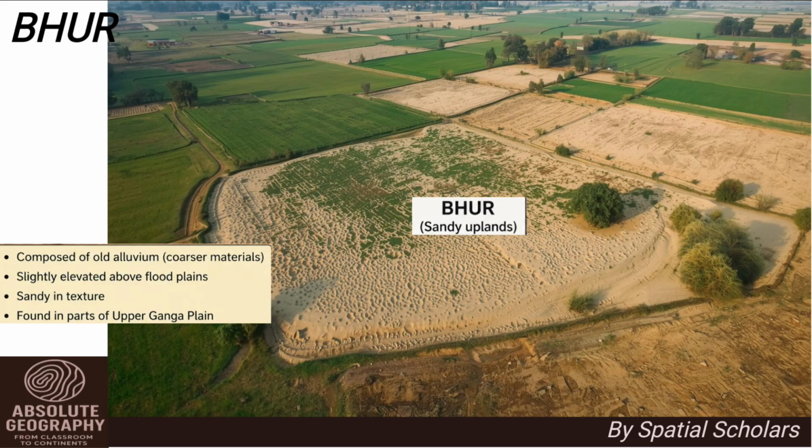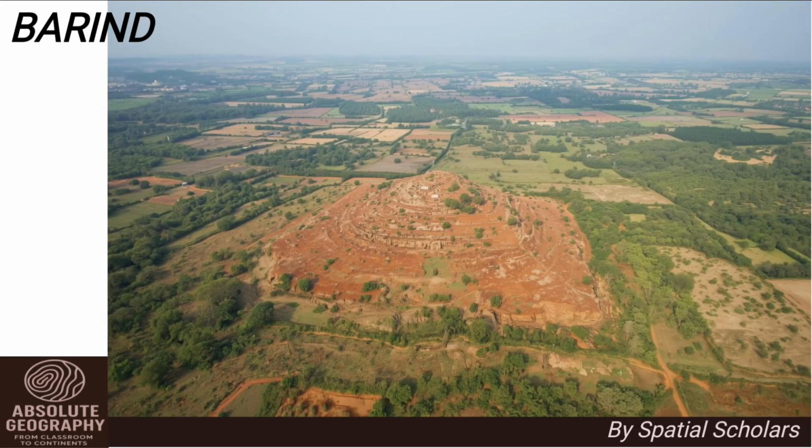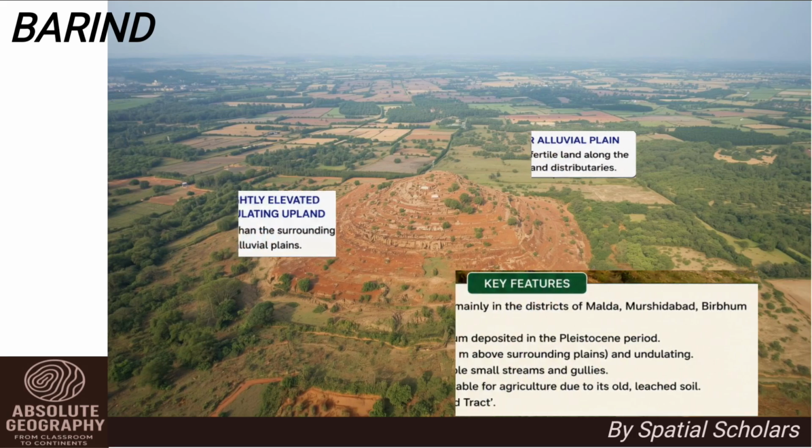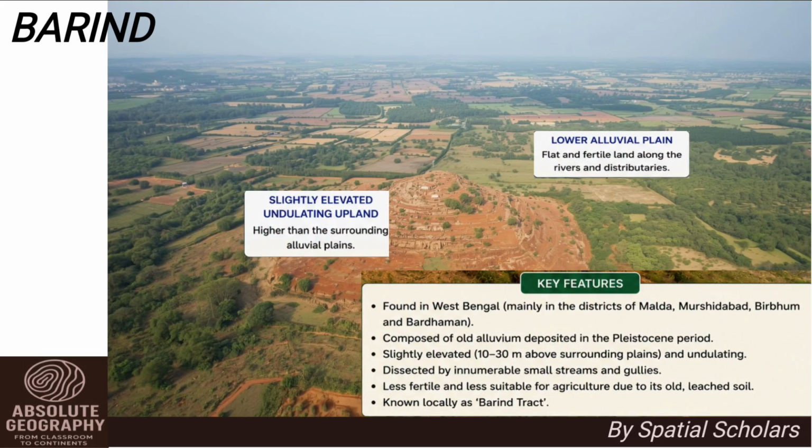In the upper parts of the Ganga Plain, Bhur deposits form slightly raised sandy areas with an uneven surface, like in a desert. Another important local feature is the Barind region. Barind is an upland tract of old alluvium found mainly in parts of West Bengal and Bangladesh.